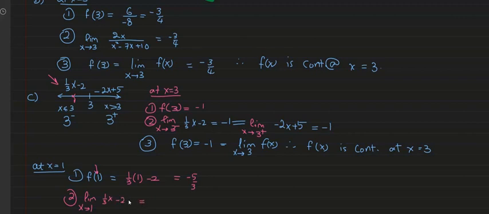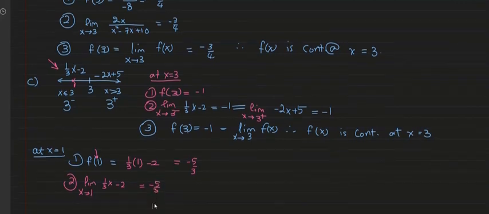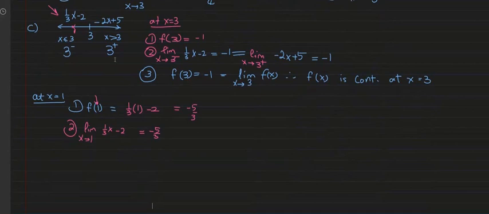So of course our first approach is to direct substitute, and by direct substituting we find it negative 5 over 3. And in the last step we are going to test whether they are equal or not. So we will find that f of 1 is equal to the limit of f of x as x approaching 1, which both are equal to negative 5 over 3.